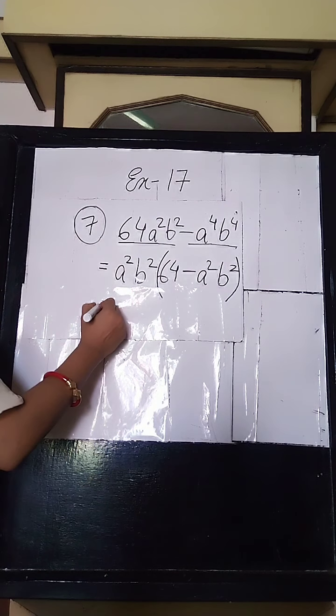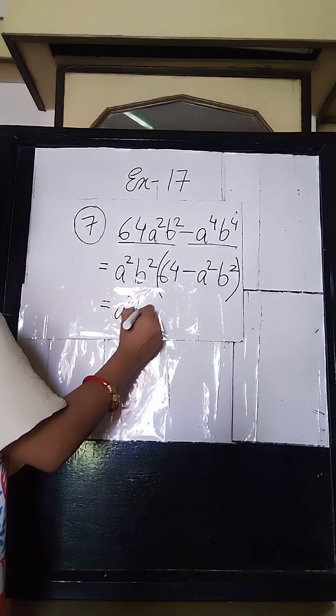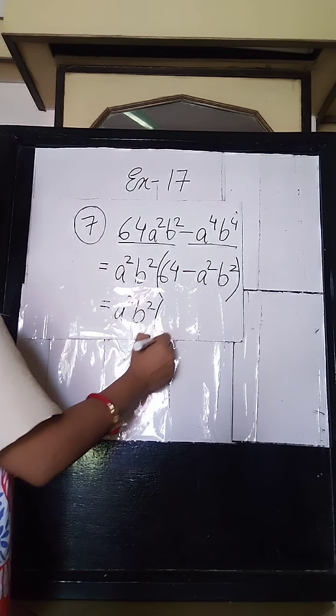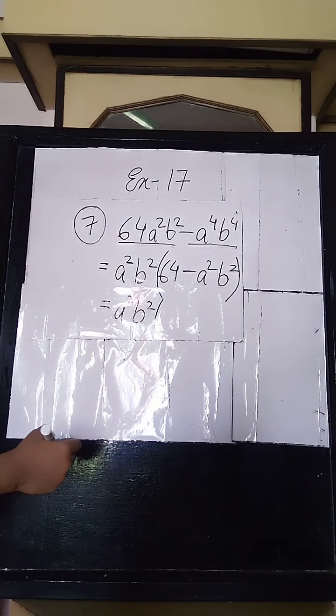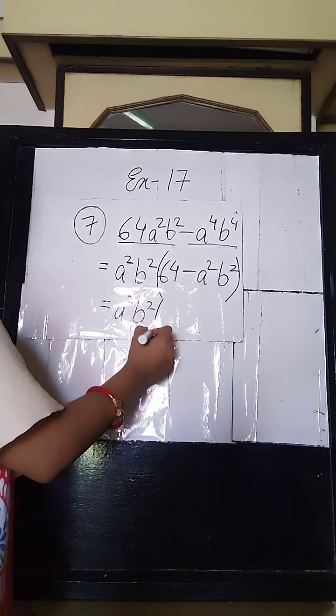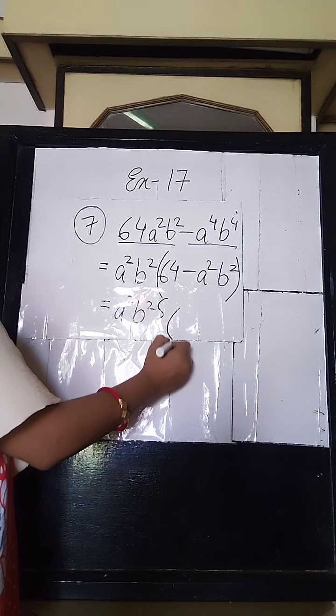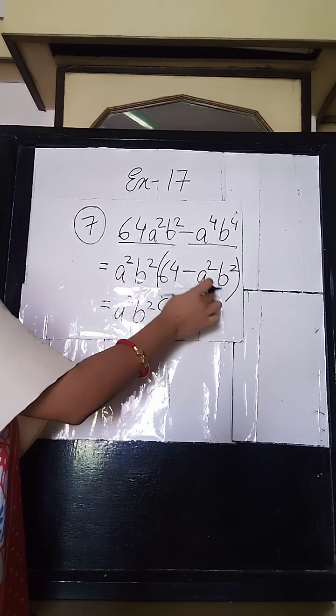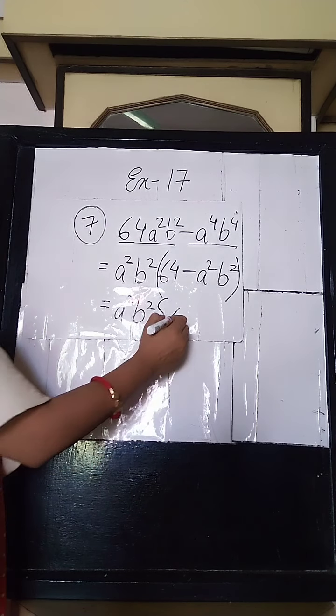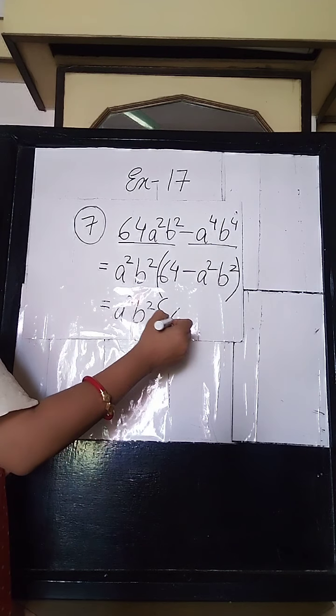So now a square b square will be kept outside the bracket, and inside the bracket you will apply the formula of a square minus b square, which means a plus b into a minus b.